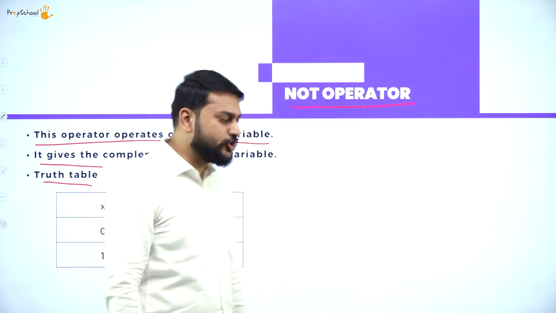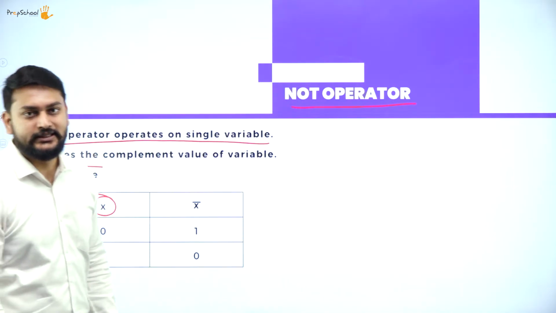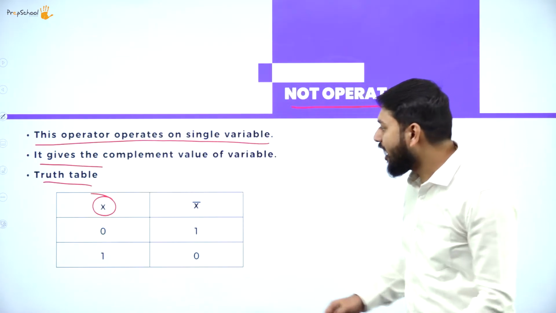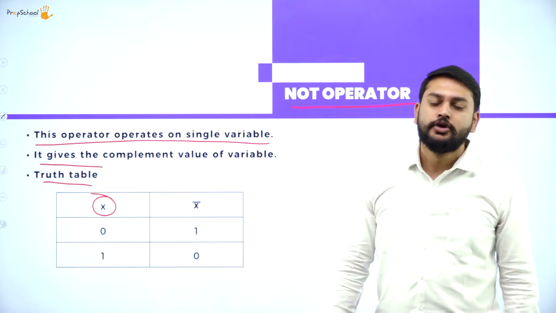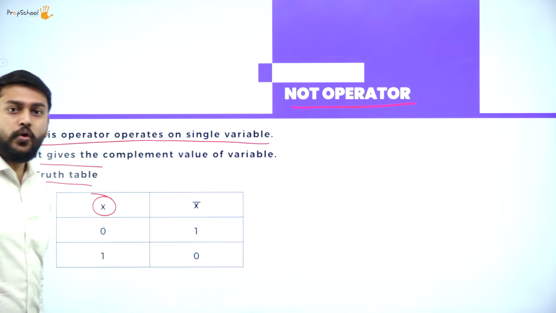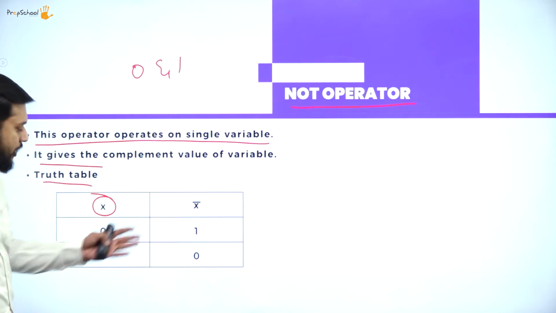So fine, we understood that. That input, I will consider it as X. My input, whatever I'm taking for the not operator, that is what I am treating as X here. So how many values do I have? 0 and 1. For both 0 and 1, I will take it as input.